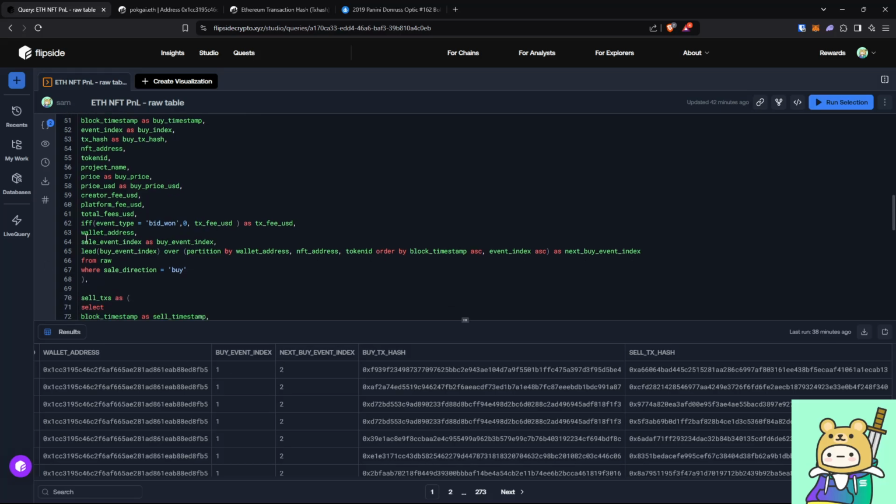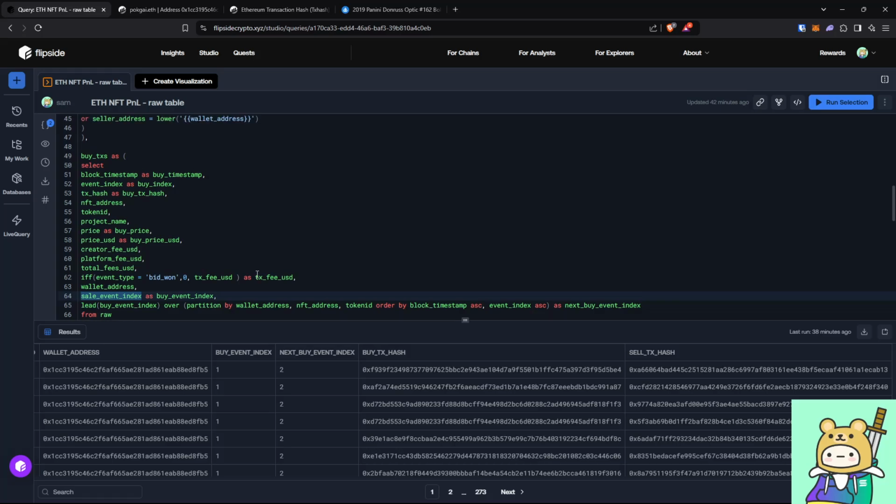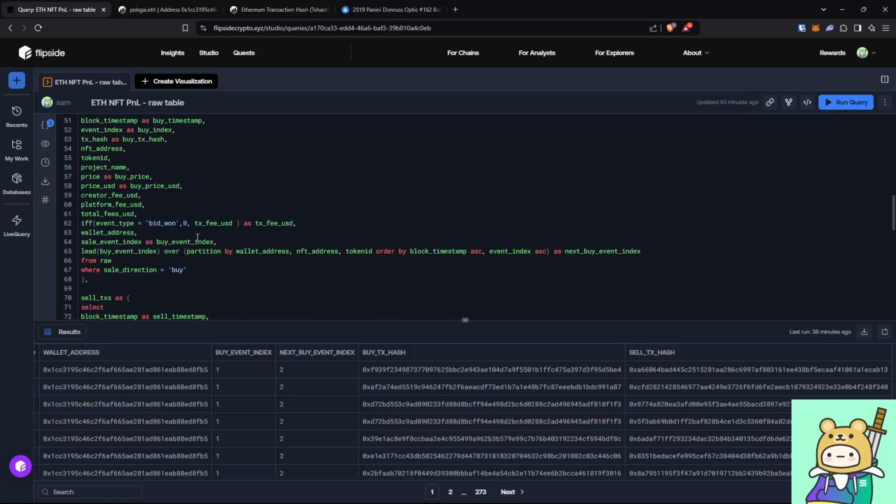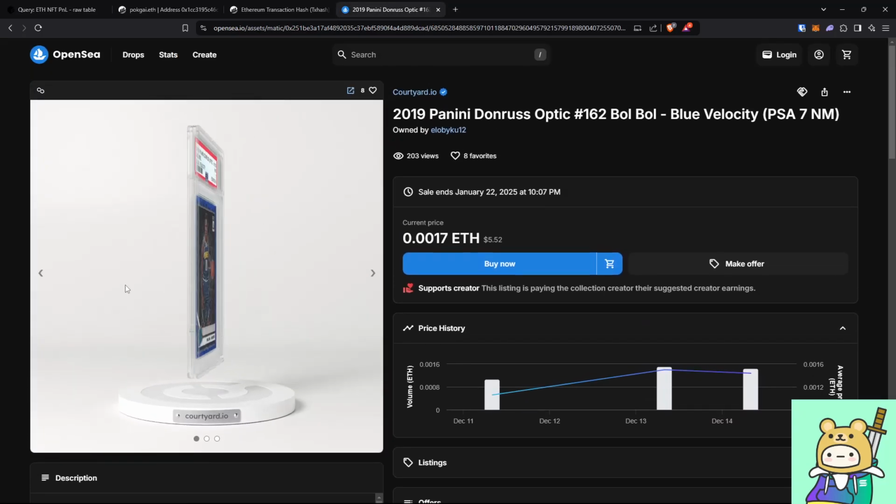And then I have something called a buy event index, which is just a sale index, which again is derived from this row number. So we're just counting from 1 all the way up, based on the order of the sale transactions, right? And then I am doing a lead, which means let's say I buy this NFT, right?